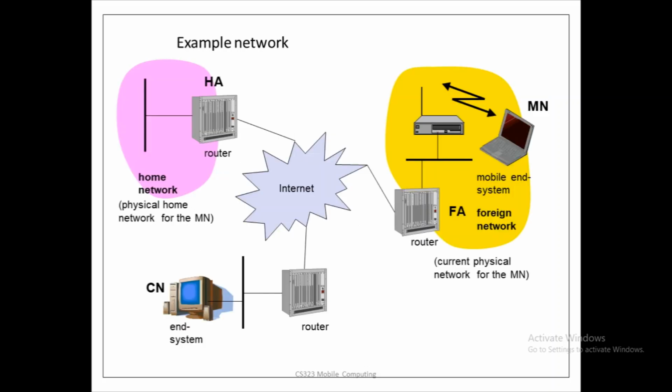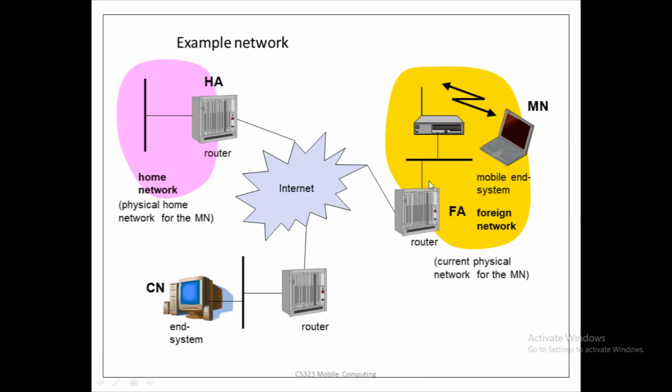So here is the example network. Home agent HA, home network router, the physical home network for the mobile node, right? Then the internet, and here the foreign network with the foreign agent router.